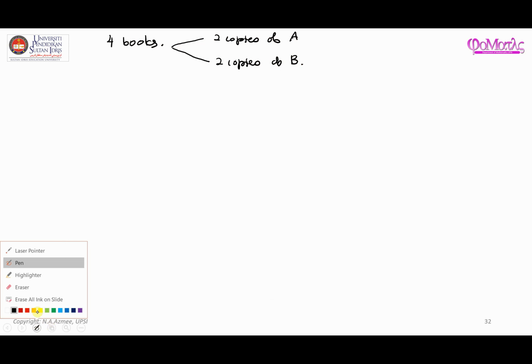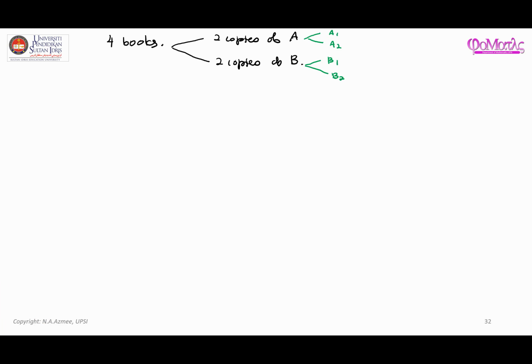Let's say you have 4 books, with 2 copies of the same title: 2 copies of A and another 2 copies of B. Let's start our discussion by assuming that they are distinctive objects. Let's call them A1 and A2, B1 and B2.